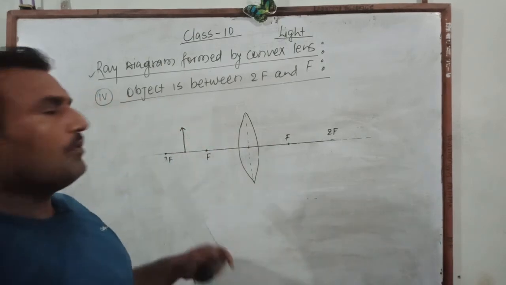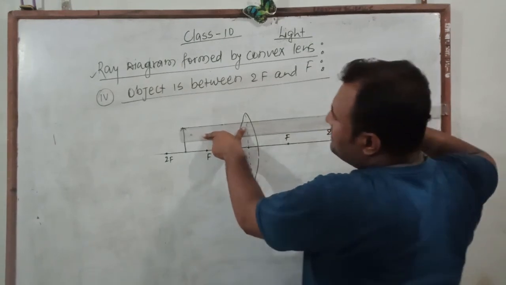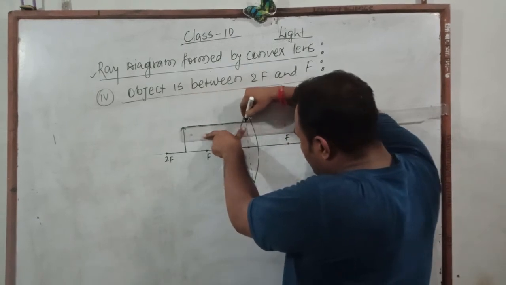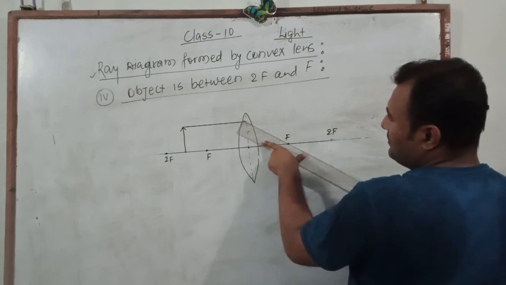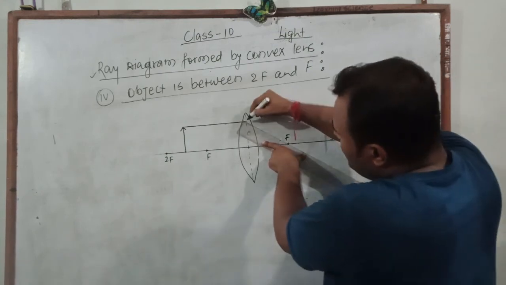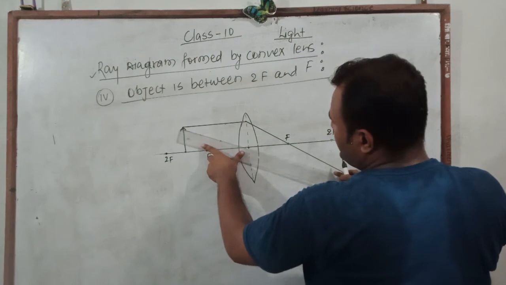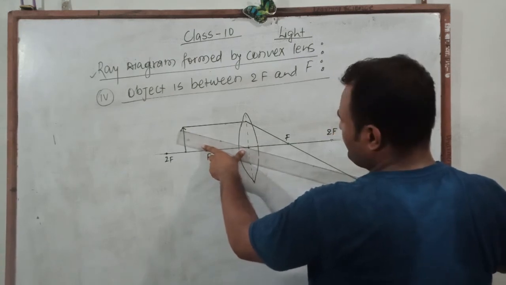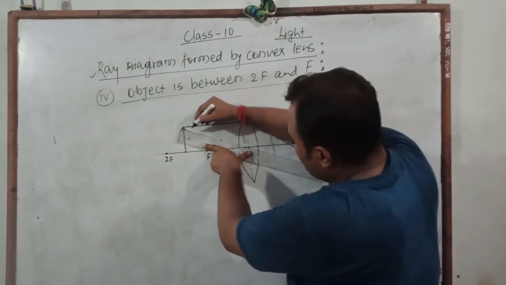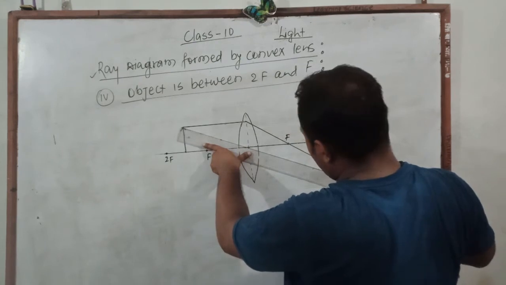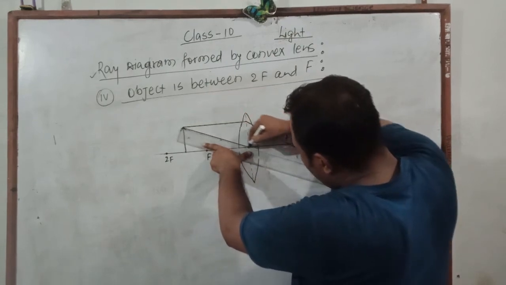And according to the rule, one parallel ray of light passes through the lens and converges at F. The ray of light parallel to the principal axis passes through the F. Another ray of light passes through the optical center, and it goes without bending.